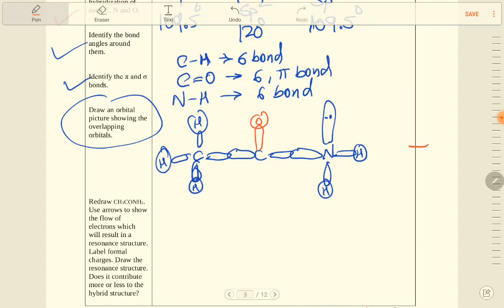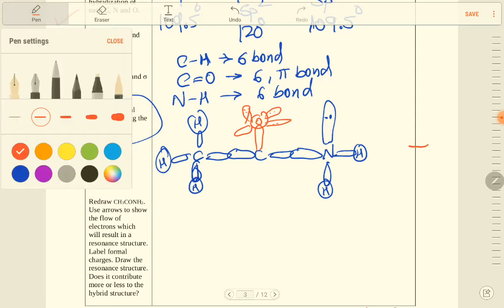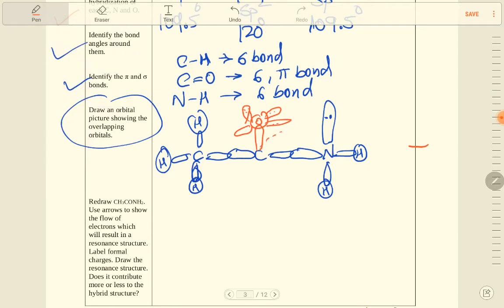Let me see if I can draw it correctly. And on this carbon, I need the blue color.